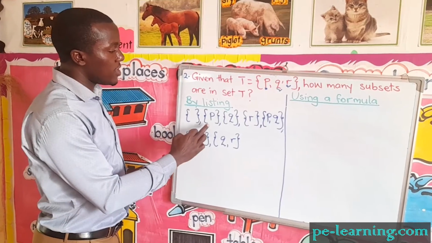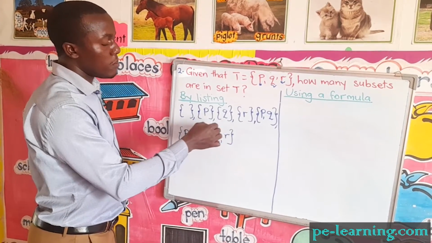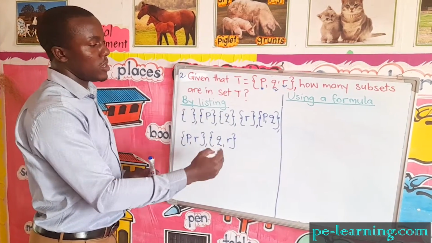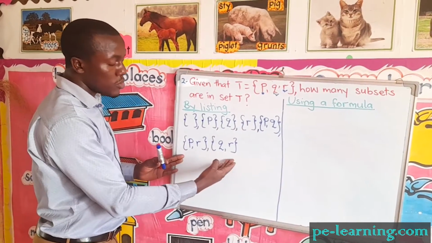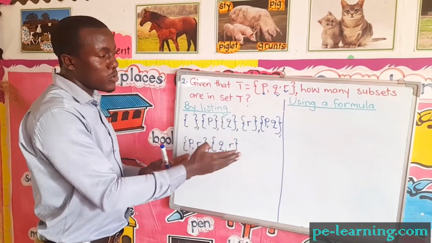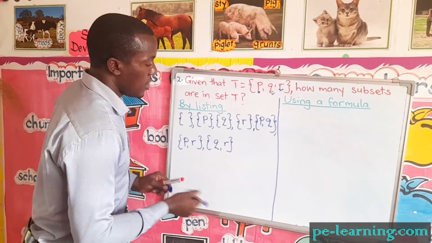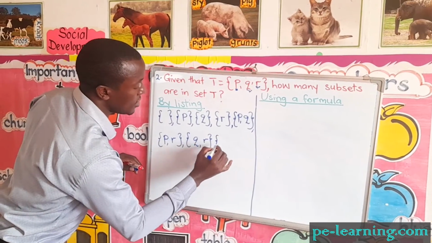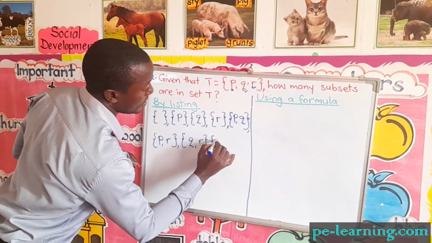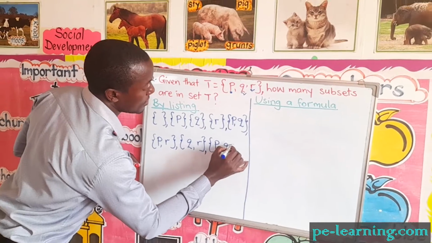So we have listed the one-member subsets and the two-member subsets. Then the last thing you are going to do is to include the mother set, and that is {P, Q, R}.